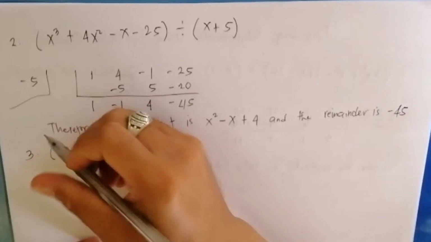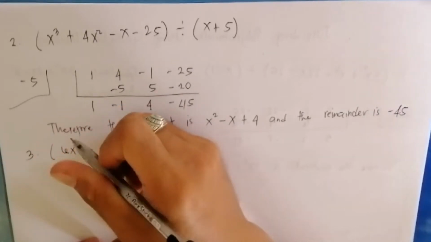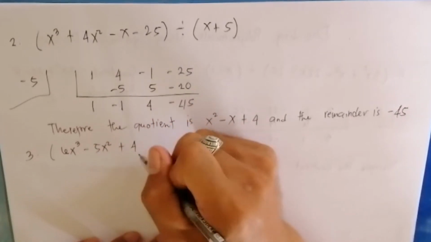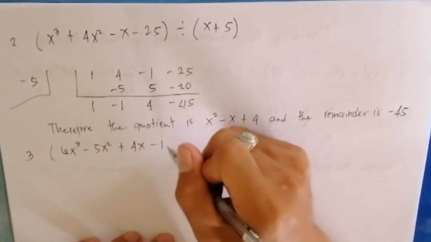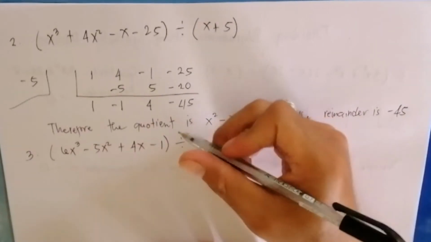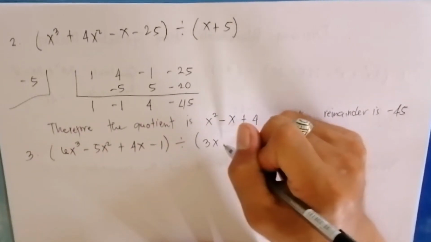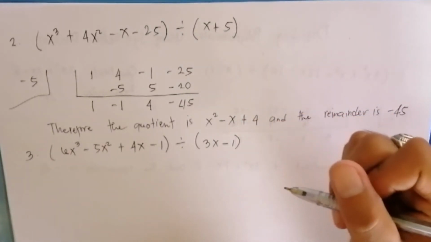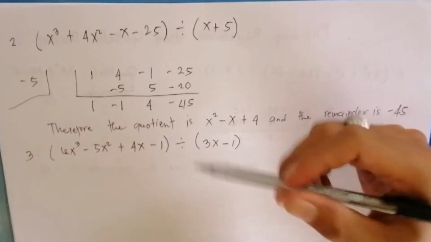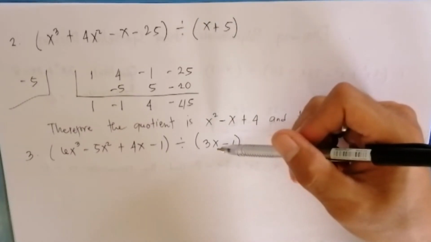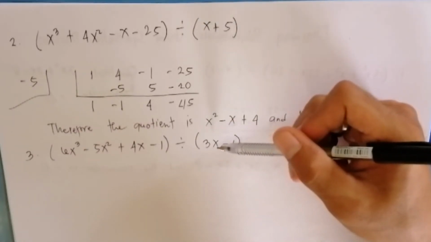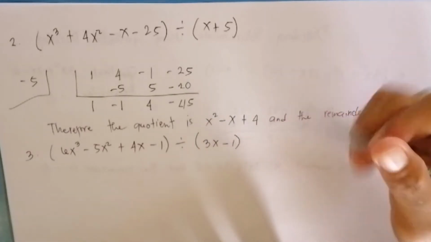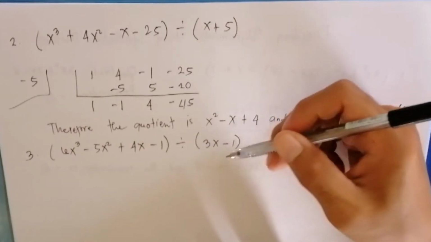Okay, for number 3, you have 6x cubed minus 5x squared plus 4x minus 1, divided by 3x minus 1. For this problem, our x has a numerical coefficient which is 3, so all you have to do is factor out that one.